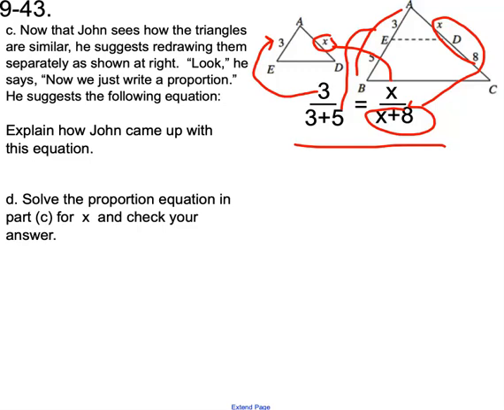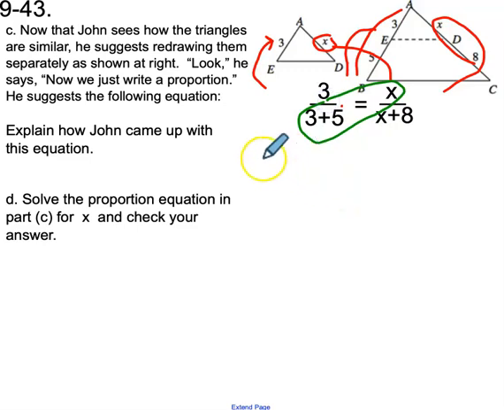So I'm going to go ahead and erase this right here because we're going to solve it right up here. So remember how to solve these? Remember, you can cross multiply. So what does this equal? This equals 3x plus 5x. Then we have to multiply this part, and you have to distribute it, equals 3 times x is 3x.